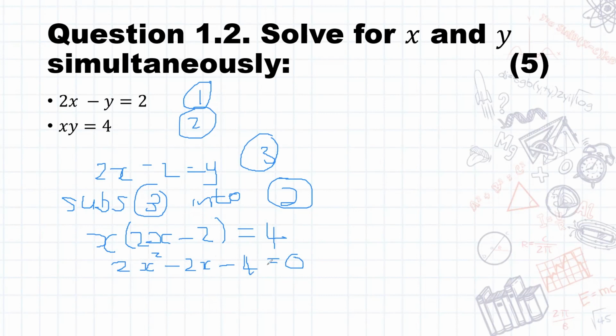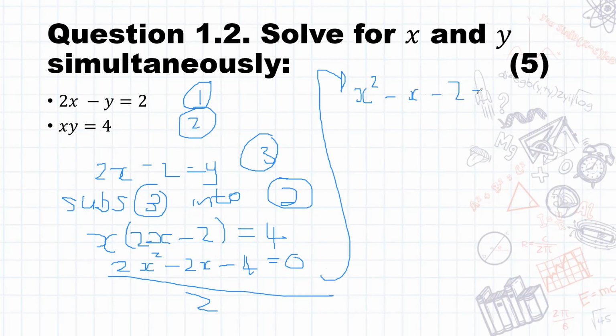Now you can see that 2 is a common factor for all of these, so I'm going to divide everything by 2. I'm just going to go back up to the side over here. Right, so I'll now have x squared minus x and minus 2 is equal to 0. Remember, 0 divided by anything is still 0.